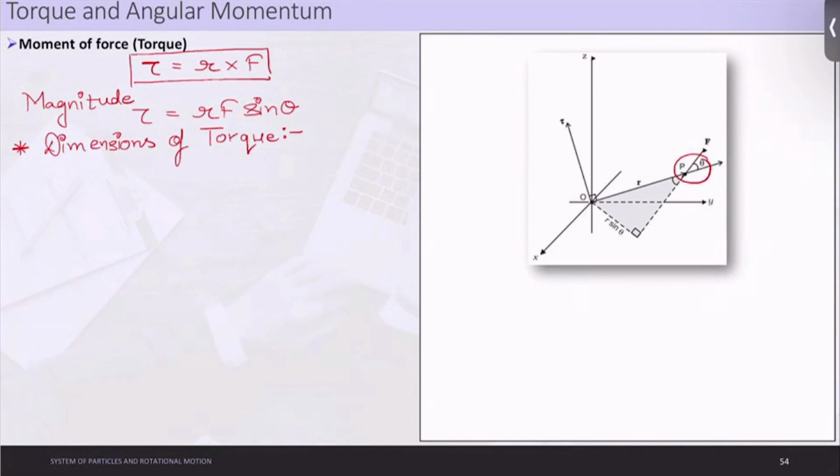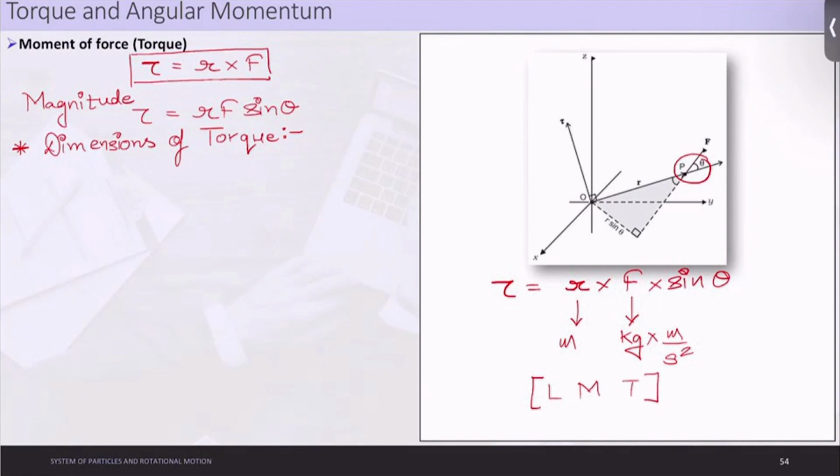What was the magnitude we finally obtained? We obtained the magnitude as R into F into sin theta. Correct? What is R? R is in meters. What is force? Force is kg meter per second squared. So we can finally write this in terms of M, L, T. Let me write it as MLT here, not LMT.